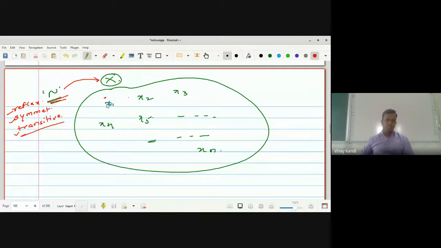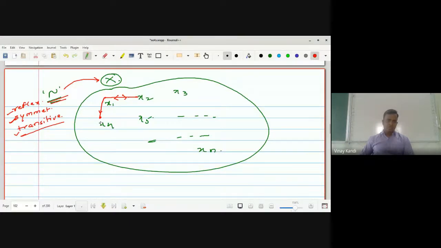And now here, suppose x1 is related to x2. That means x2 is again related to x1 by the symmetric property. Now suppose x1 is related to x4.